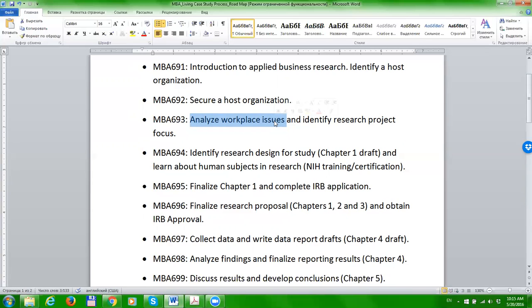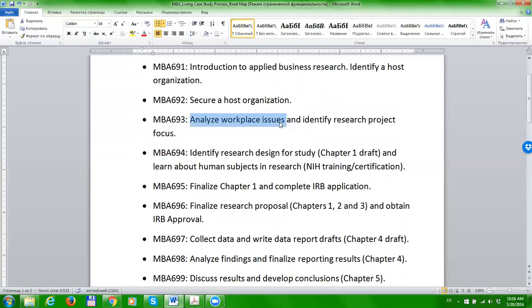Sometimes our students want to solve all problems that exist at the organization altogether at a time, because every organization has a lot of problems, and we know that. However, it is impossible to solve all the problems, and actually we as business researchers do not directly solve the problems.